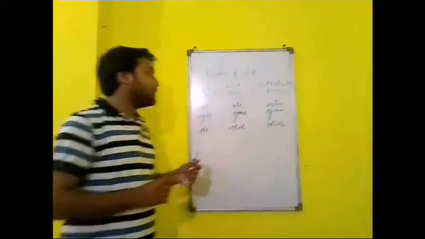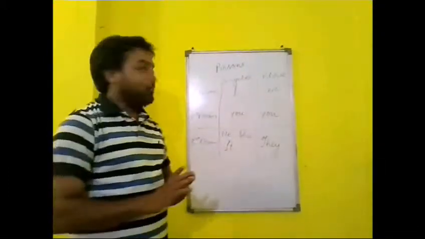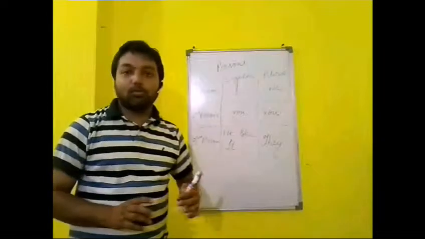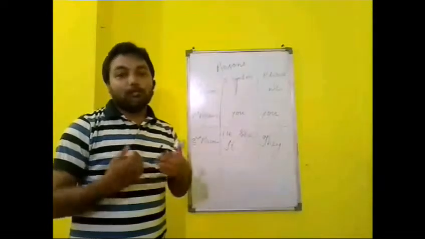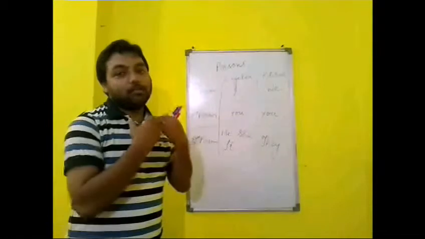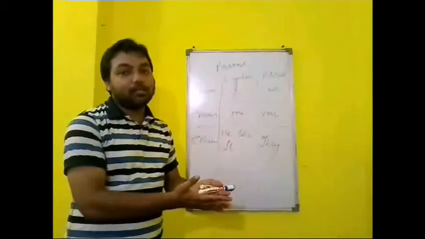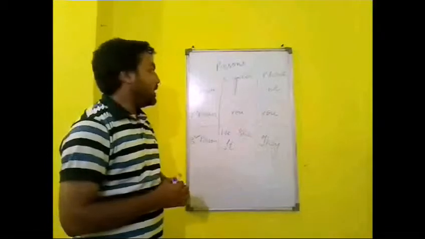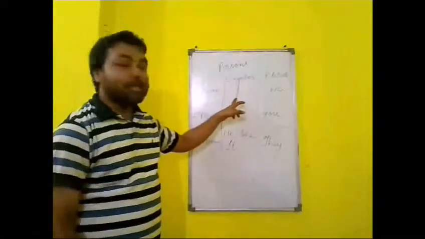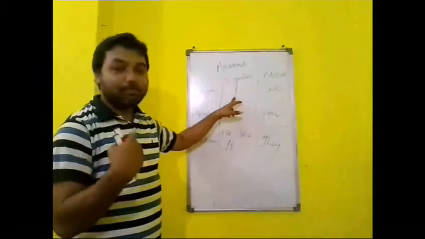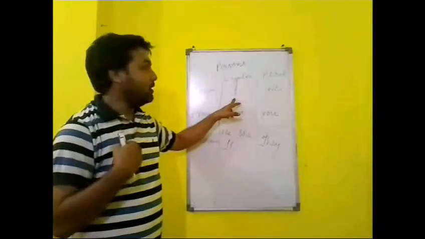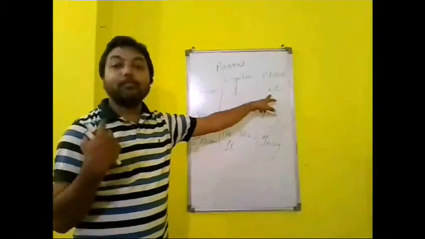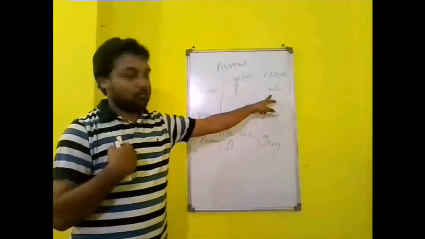Okay. We are going to a very important topic, that is persons. When we talk in English, we indicate ourselves by something, we indicate the other people we talk to by something, and whom we are talking about we also indicate by something. Now here you see, when we speak about ourselves, we say I if singular, and if it is more than one, then we say we.